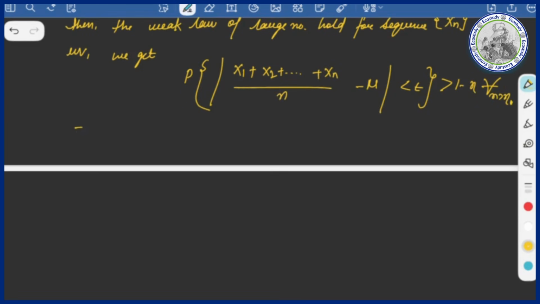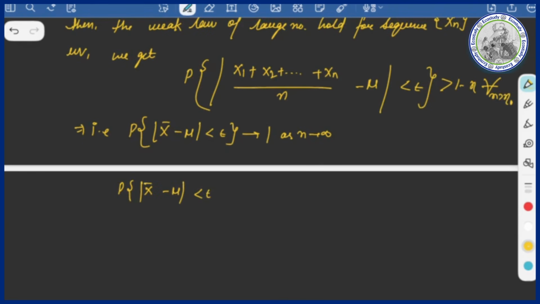Okay, that is what it means. That is, the probability of |Xn bar minus mu| less than epsilon is equal to 1 as n tends to infinity, and the probability of |Xn bar minus mu| greater than epsilon is equal to 0 as n tends to infinity. What does this mean?